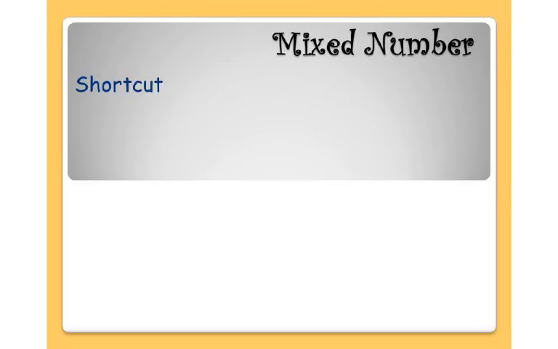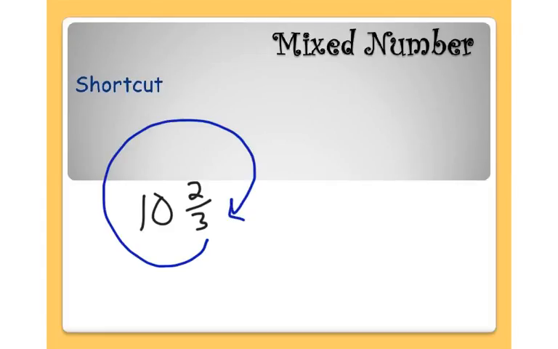There is a shortcut to turning a mixed number into an improper fraction. If I had 10 2/3, for example, the strategy I'll use is I start at the denominator and I work my way all the way around until I end at the denominator again. I start at the 3.